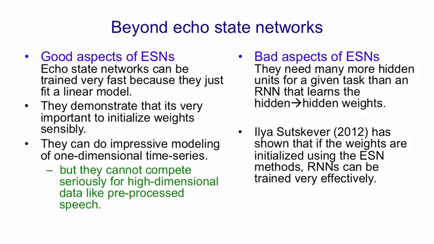But then presumably you could learn even better if you also learned to make the hidden to hidden weights better. So Ilya tried using the echo state network initializations, but then training with backpropagation through time. He used RMSprop with momentum, and he discovered that that is actually a very effective way to train recurrent neural networks.